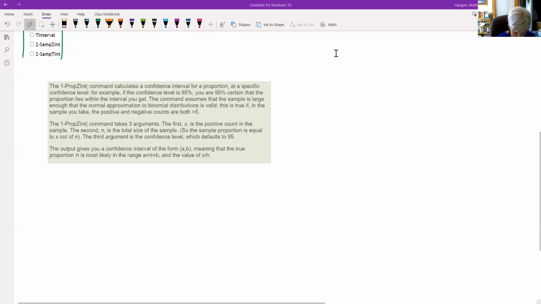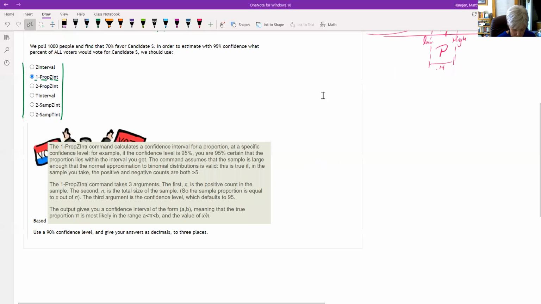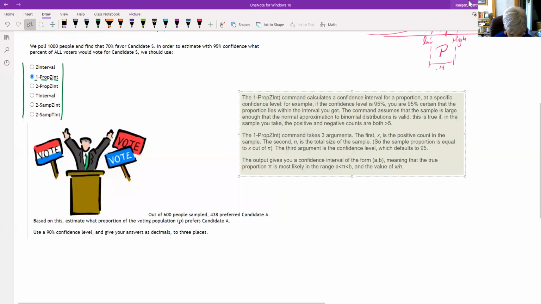Yeah, it goes p hat, which is the proportion of how many you have out of the total. That's your sample proportion. There is a lot going on in these.